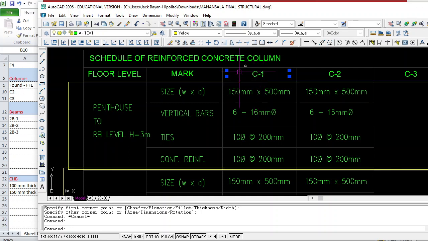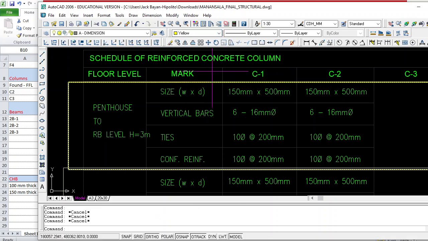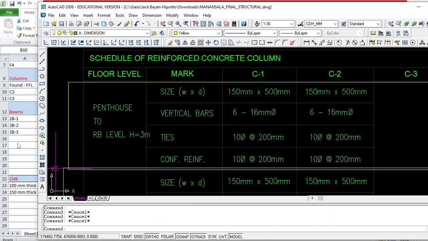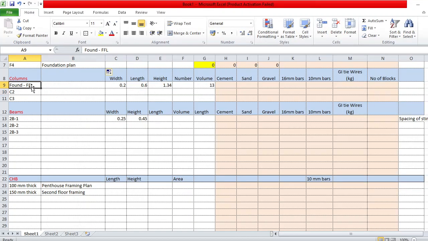Use only column 1. Do you understand? Okay? So, penthouse to ground floor level. Let's consider penthouse to RB. Use only C1.